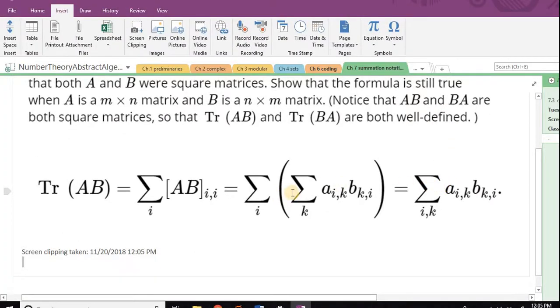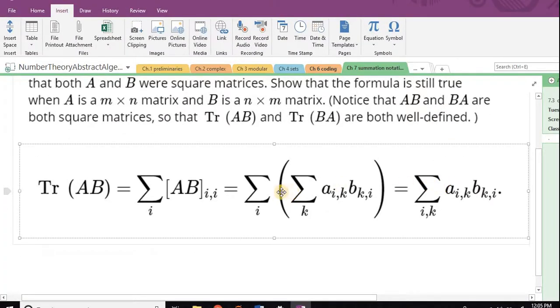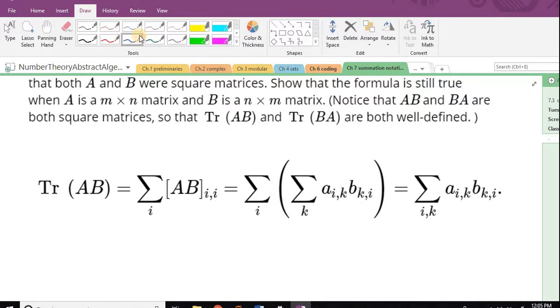Okay. All right, so first I'm going to say, suppose, let's put some sizes in here. Now here it says that A is m by n and B is n by m, right? A is m by n, so that's m rows and n columns, and B is n by m.